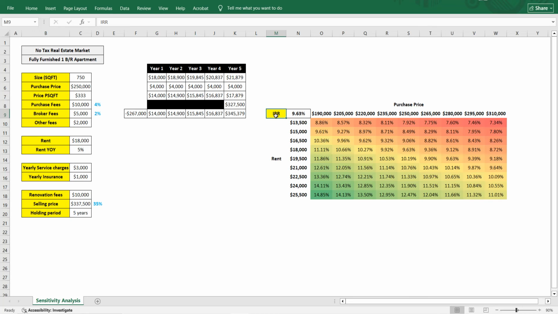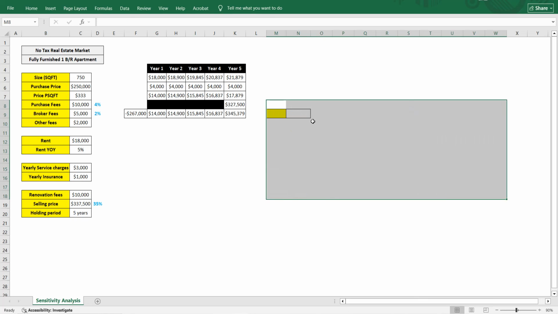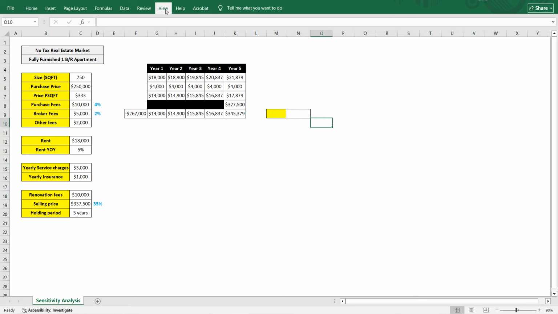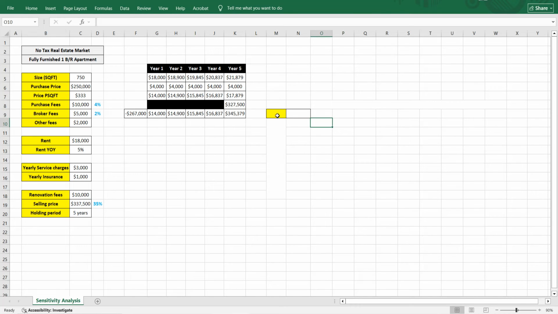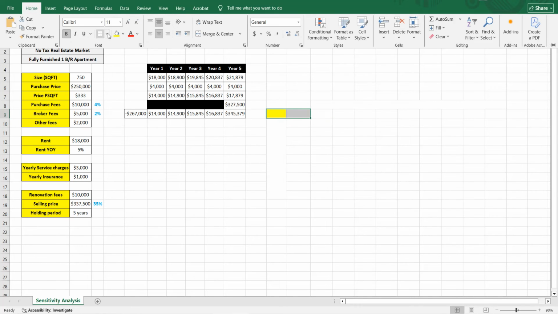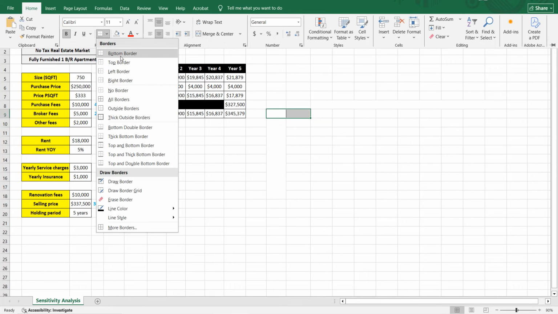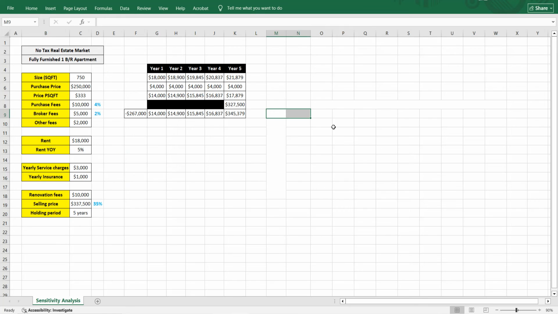So what we are going to do is create the following table, which is called sensitivity analysis, for finding the best value of the IRR depending on the purchase price and the rent. To do that, let me just remove this table. Go to View, gridlines.